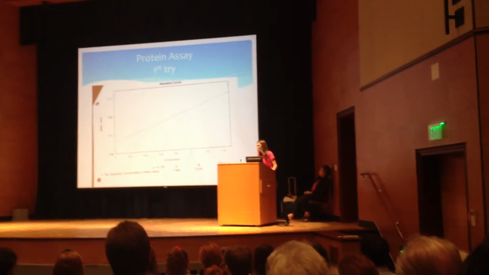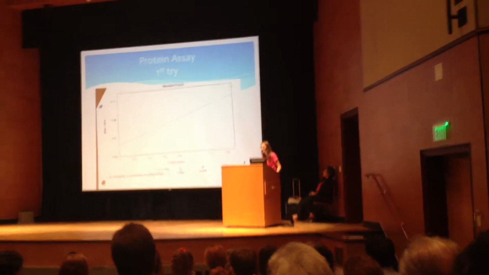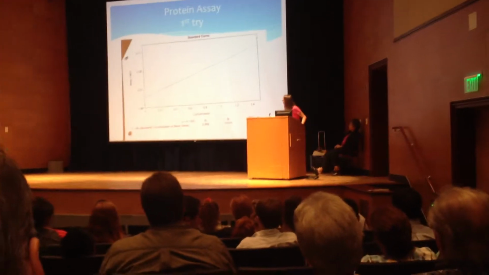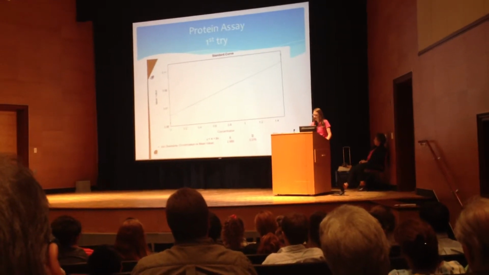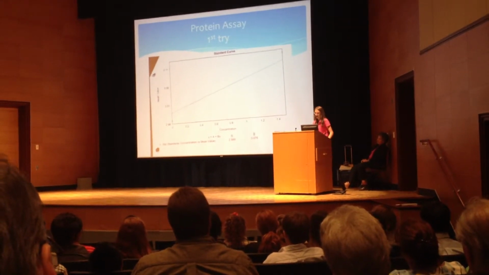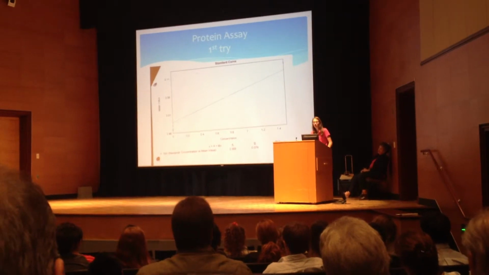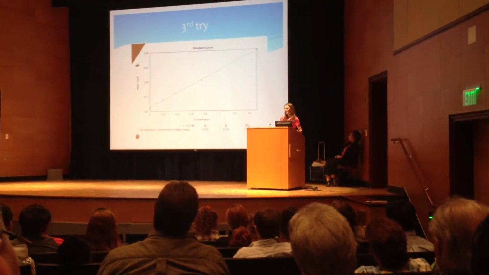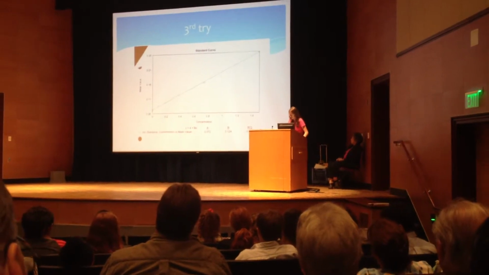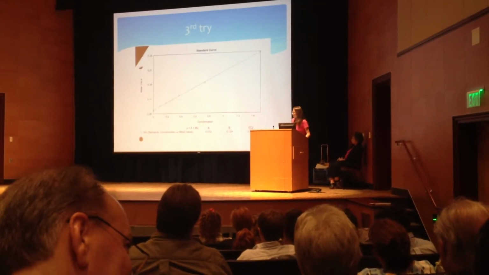As you can see, my first one was obviously not too good. We have a standard curve, and all the points are supposed to be matched up on the line, however they are not. But after my mentors taught me more techniques, by my third try, I was able to get much better results for the protein assay, because as you can see, all the points matched up pretty well.